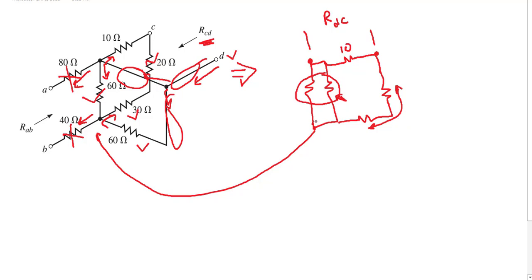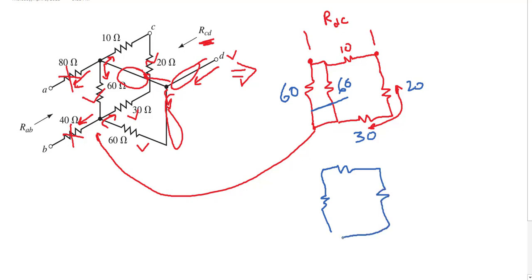To put some numbers, this is 60 ohms, this is 60 ohms, this is 20 ohms, this is 30 ohms. The two 60s are in parallel, their total is 30. Here it is. Then we have here 10, we have here 50, and we are trying to find this one.